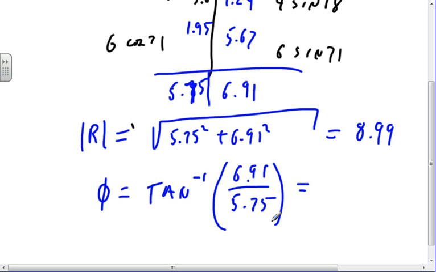If I use the arctangent function, I might get a better answer. 50 degrees.